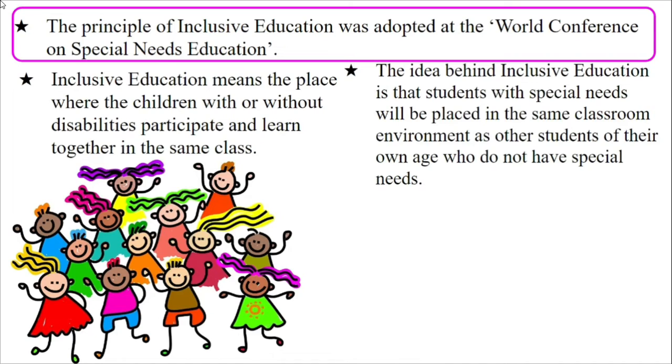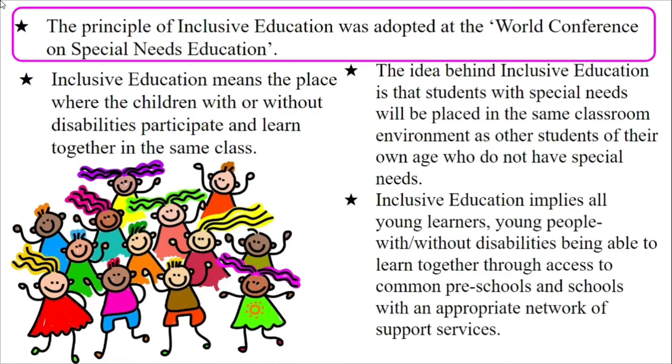The idea behind this is that students with special needs should be placed in the same classroom environment as other students of their own age who do not have special needs. Inclusive education also implies all young learners, with or without disabilities, being able to learn together through access to common preschools and schools with an appropriate network of support services.